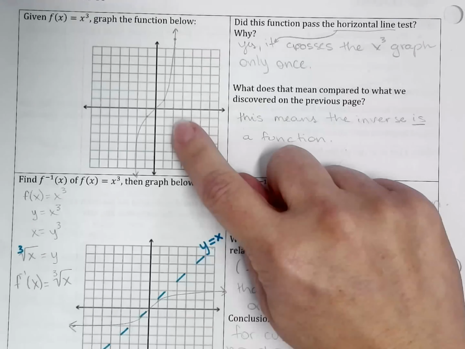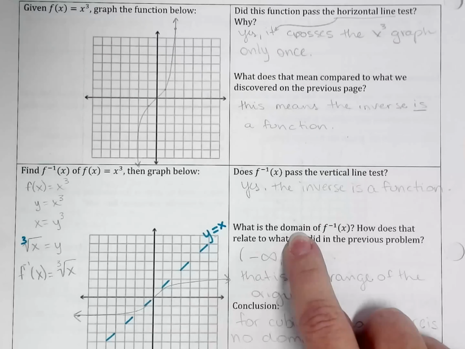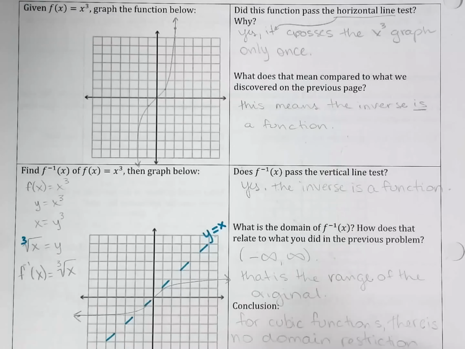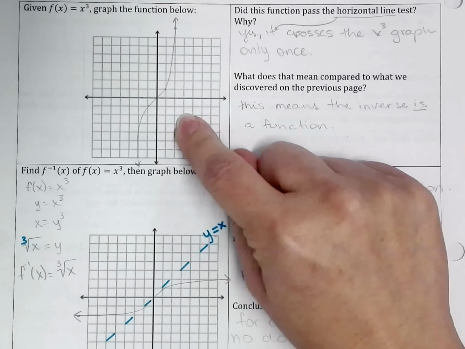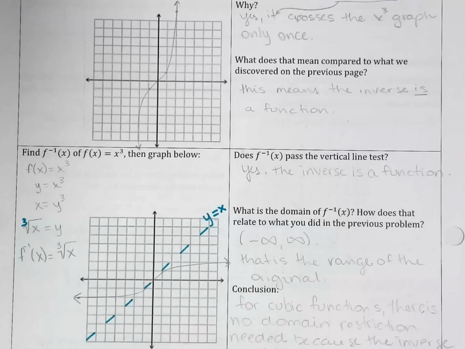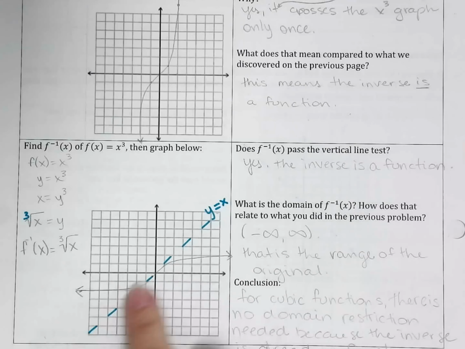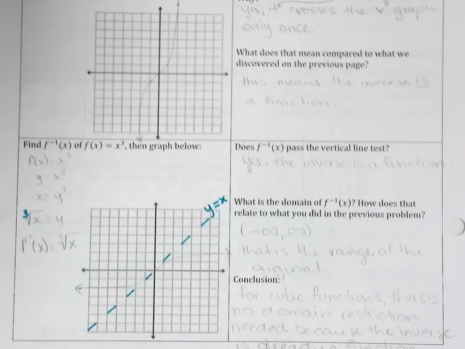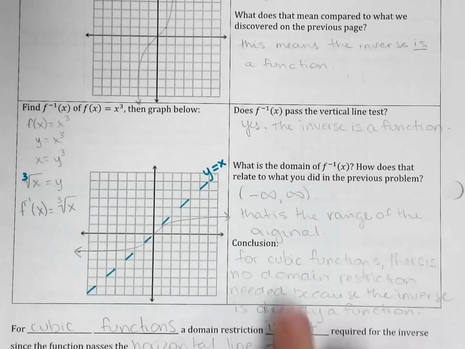That is the range of the original. So to find the domain of the inverse, I can just find the range of its original, and voila. You can also find it based off the graph.